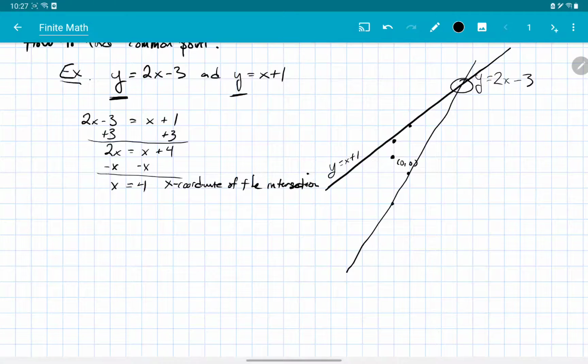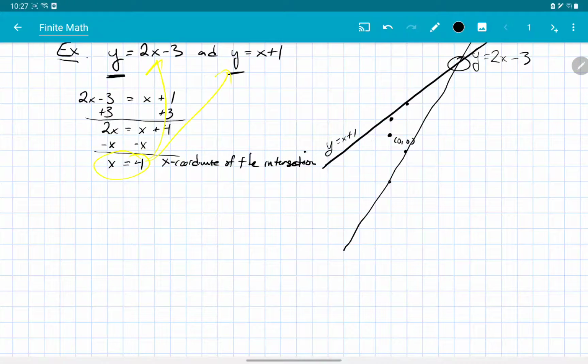Now to find the y coordinate of the intersection, I go back up to either of my two equations and plug in that x. Either one will give me the right y for the intersection. So let's say y is equal to x plus 1.